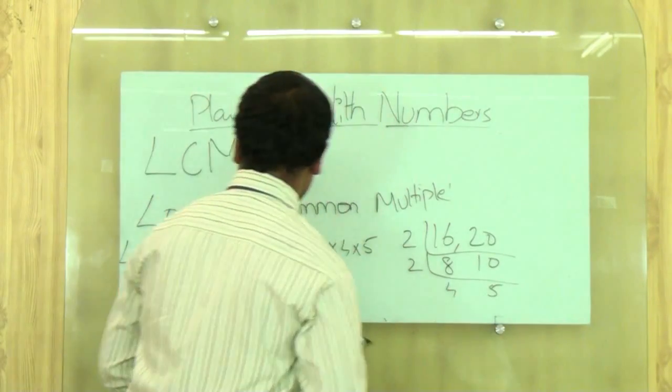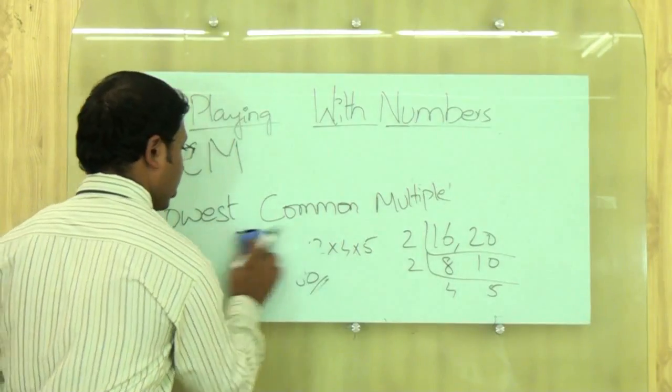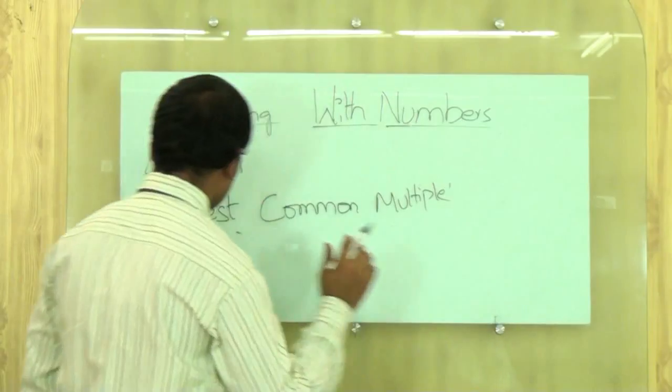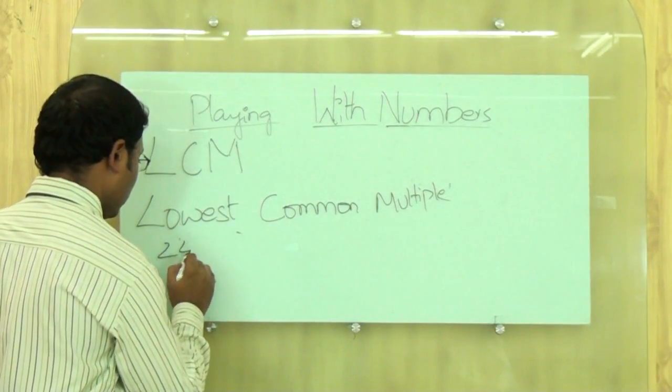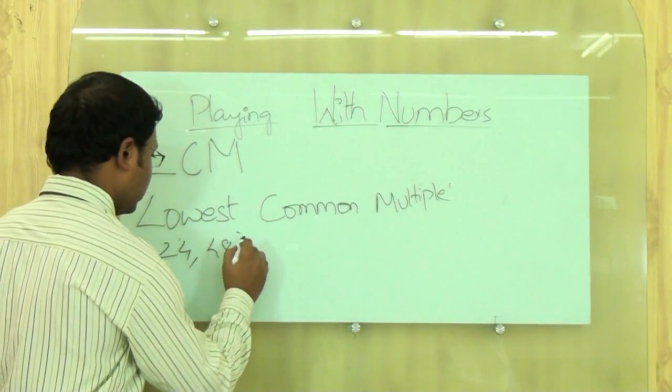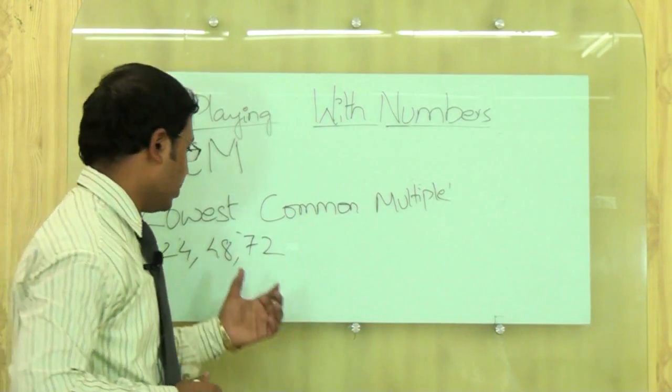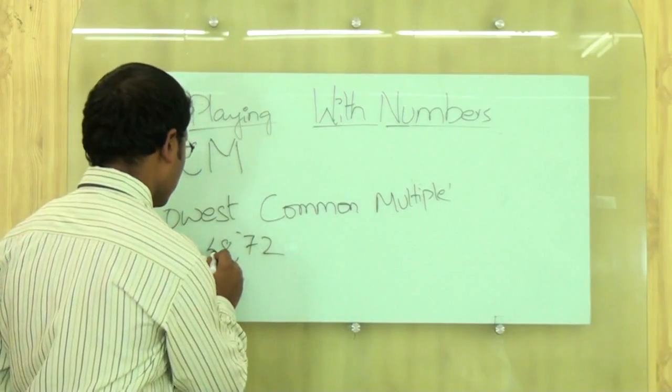Let us take 3 numbers at a time and find the LCM of these three numbers. Let us take the numbers as 24, 48 and 72. Let us find the LCM of these three numbers, 24, 48 and 72.